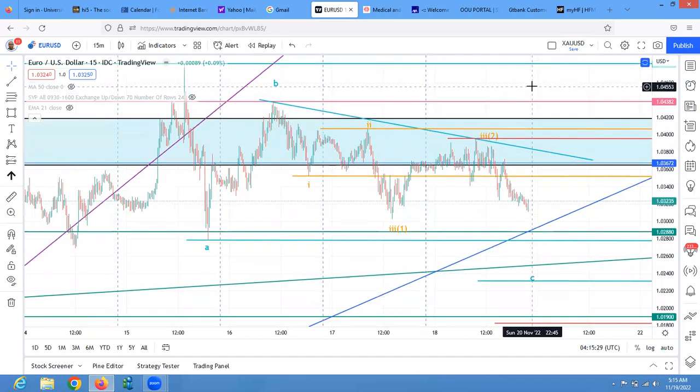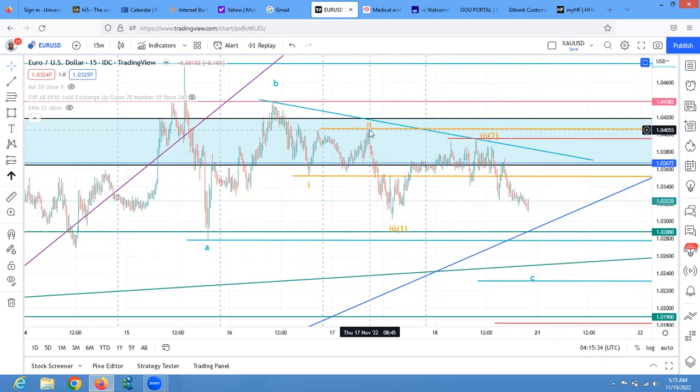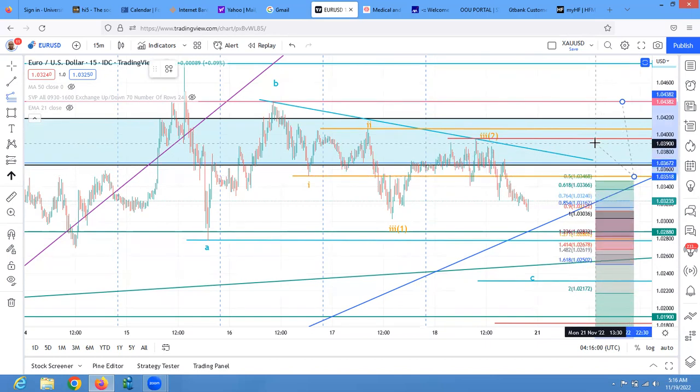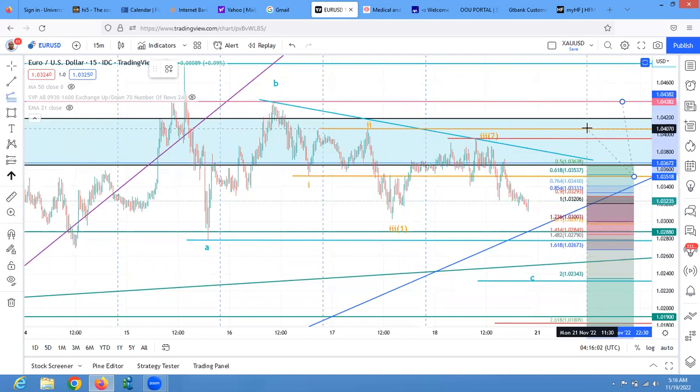So if I want to do that, what I want to see is I want to take 1 to 2 to get a 3 at least 1618. So I come from the origin of that 1 of the last wave, to where I think 1 ended, take it to where 2 has ended.